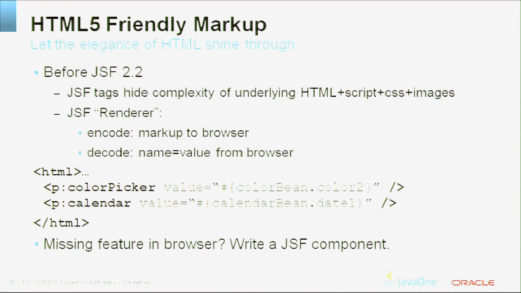So you weren't limited by what the browser had. These are examples from PrimeFaces: give me a color picker and have its value be that, or give me a calendar. The reason for this is if you're missing a feature in the browser, then you would write a JSF component to fill that gap.